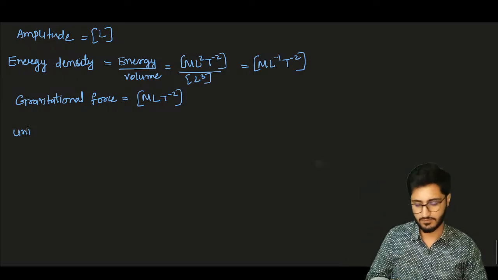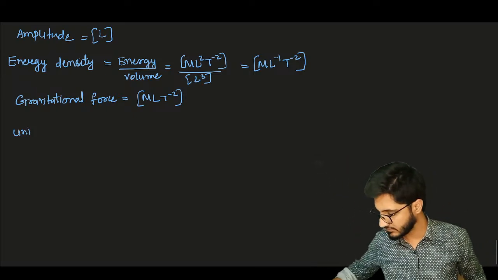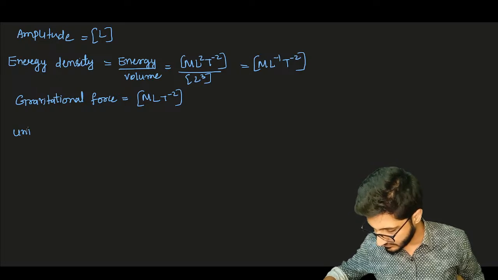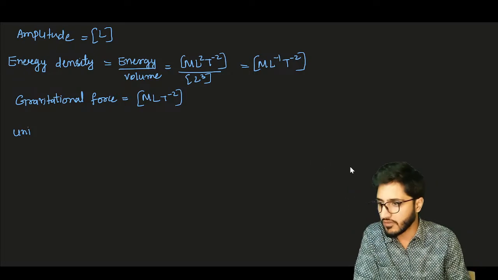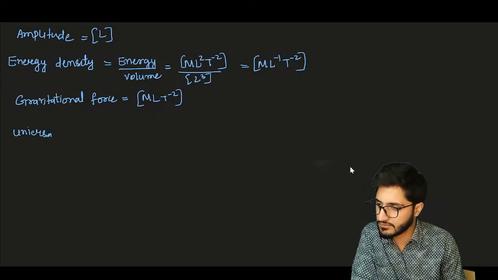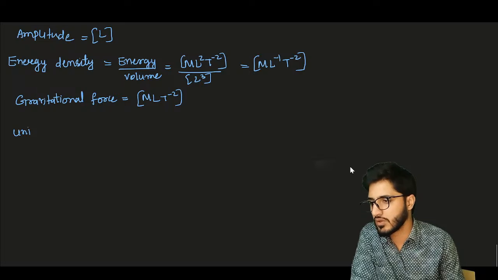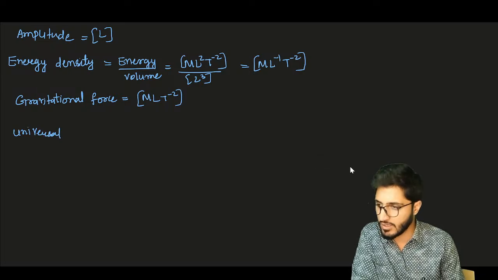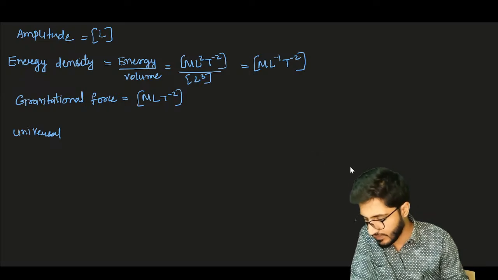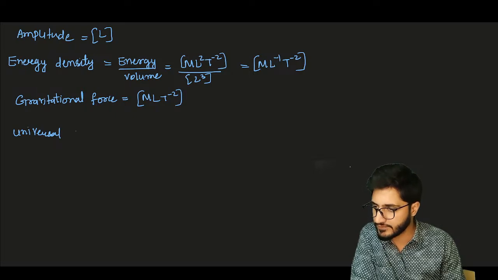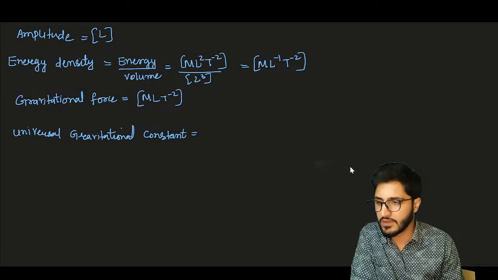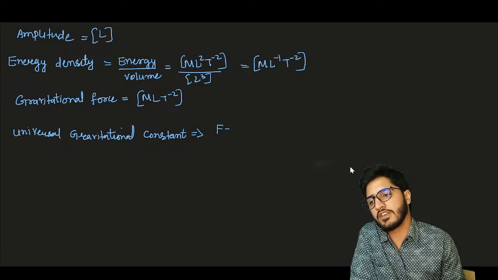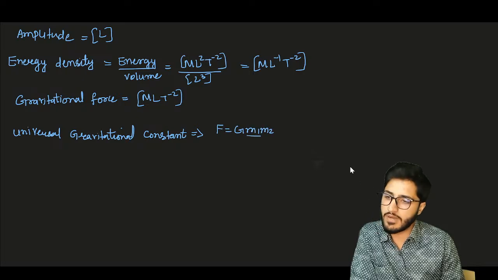Universal gravitational constant. So I think we are having the equation F is equal to G m1 m2 by r square.